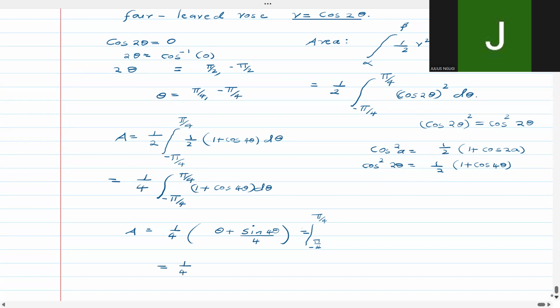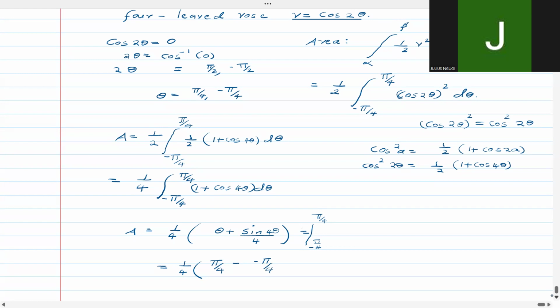If we continue, this is pi over 4, then this is pi over 4. So sine of 4 times pi over 4, that's a 0. So we subtract, that's f at a minus f at the lower limit. Then for the other one, we factor out theta, so we get another minus pi over 4.